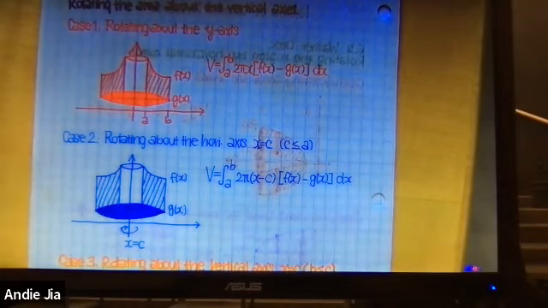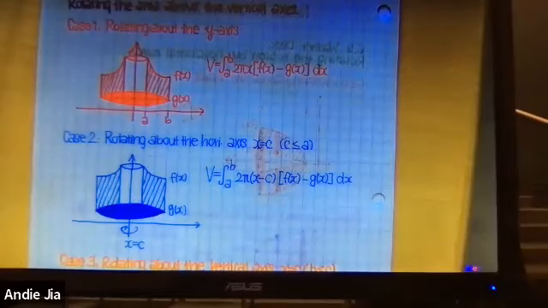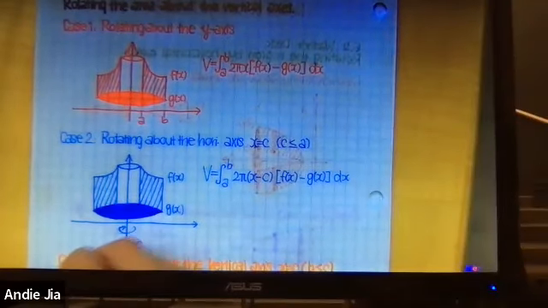So in this case, it's this type of shell.